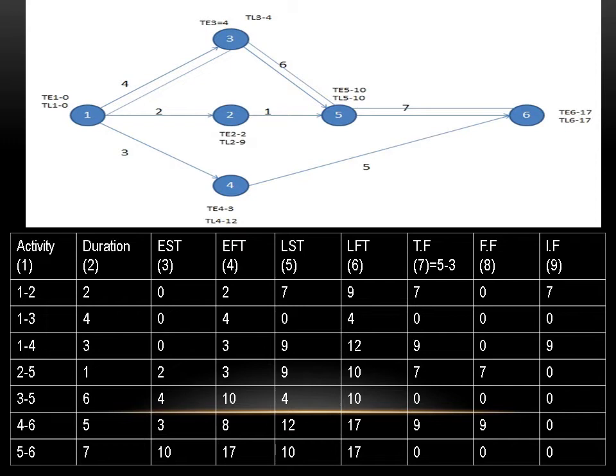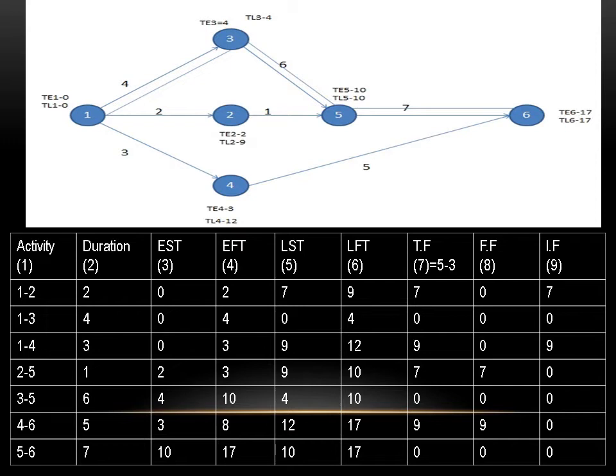For 1 to 2, TF was 7. So free float is equal to 7 minus, at 2, what was the difference between TL and TE? That is 9 minus 2, TL minus TE at node J. That is 9 minus 2, 7. That is 7 minus 7, 0.